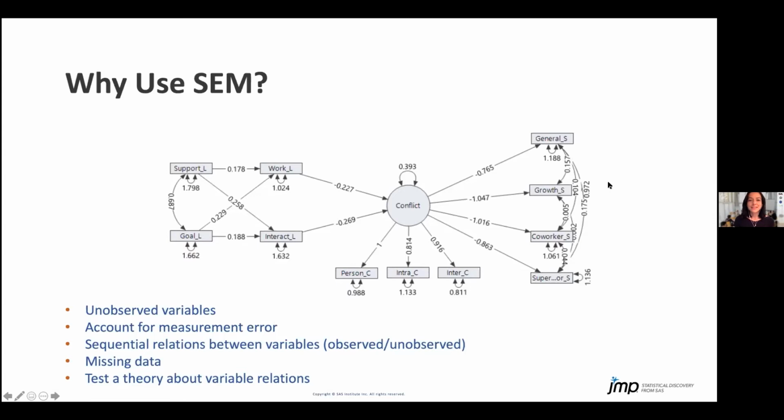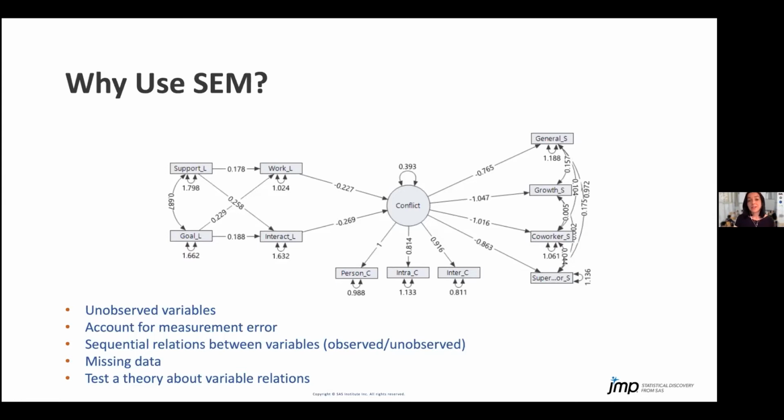And also notice in this path diagram, we have a number of relations, right? So on the far left, we have this support variable, which is predicting both work and interact. And then both of those in turn lead to conflict. And then conflict has all these other outcomes as well. So there are all these sequential associations that we can investigate.